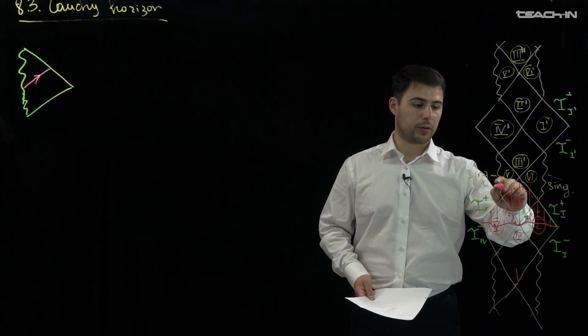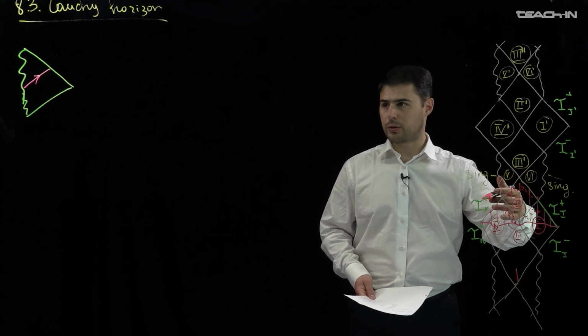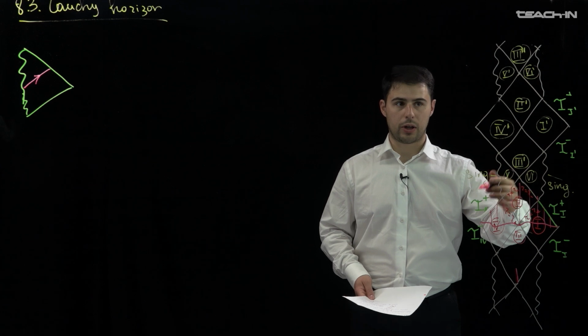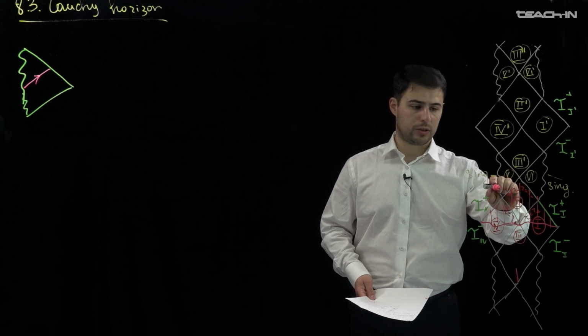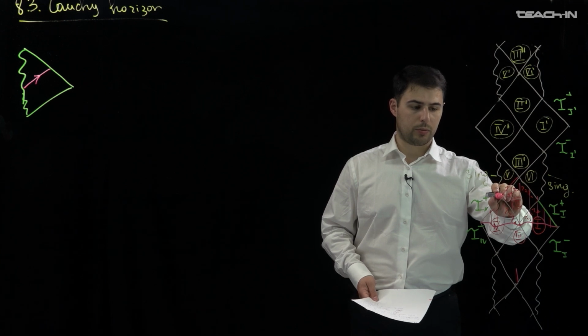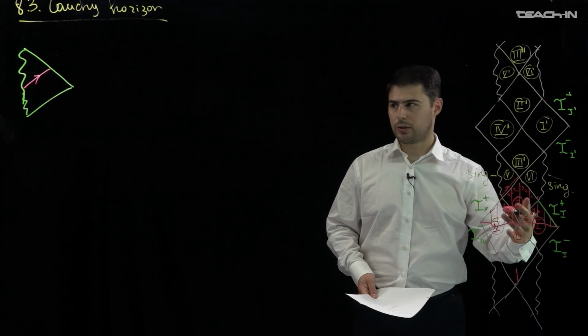Because by this nature we can have radial null geodesics starting from the singularity, we cannot extend predictability behind r equals r minus.